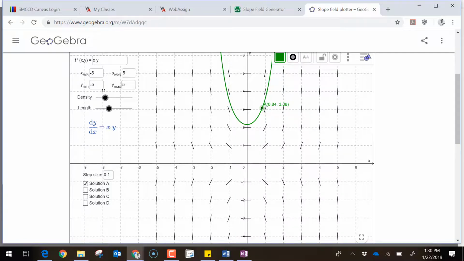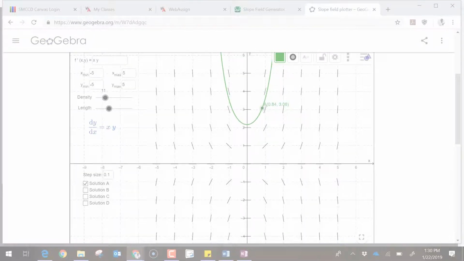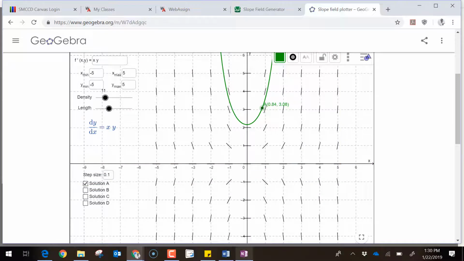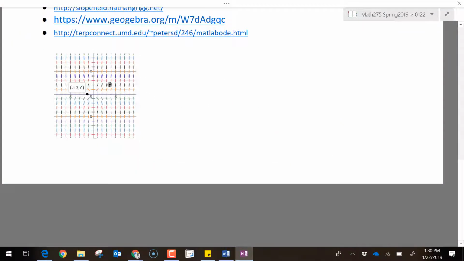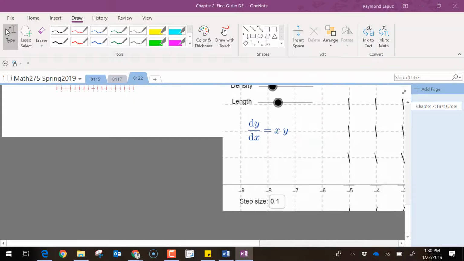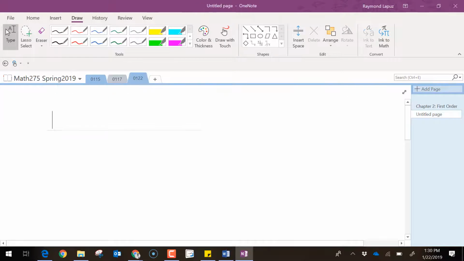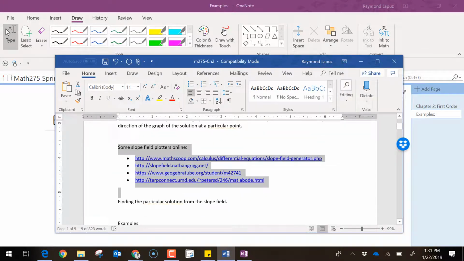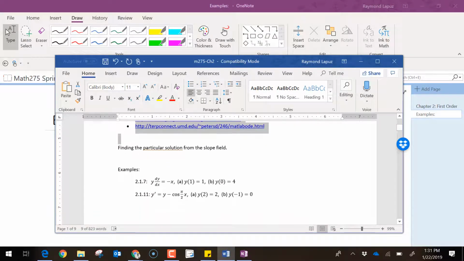Let me copy this again and put it in our notes as another example. So let's take a look at some examples of trying to draw slope fields and find solution curves for them.